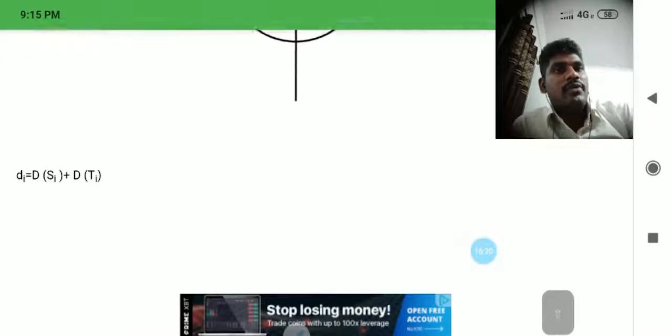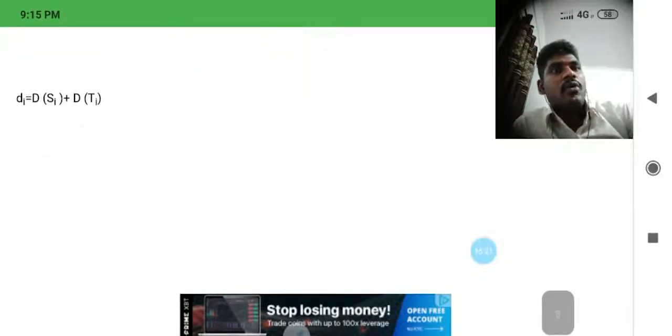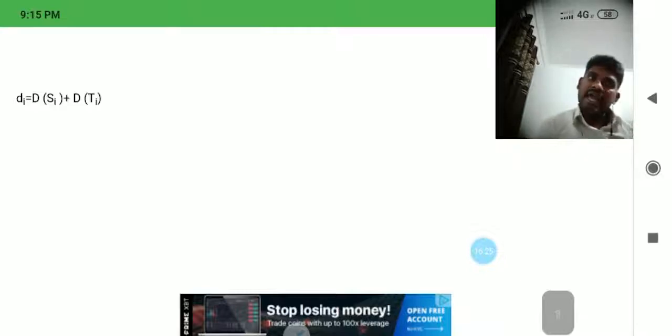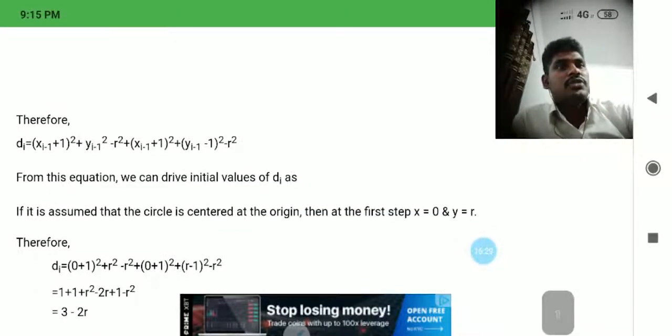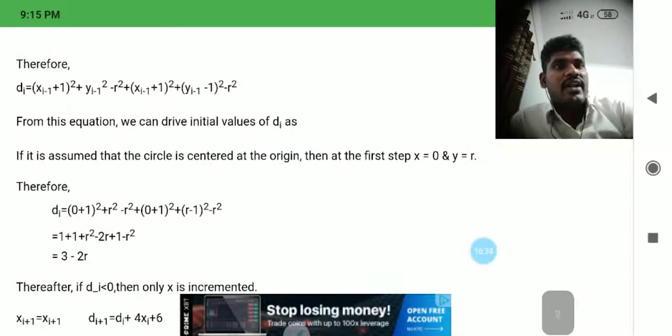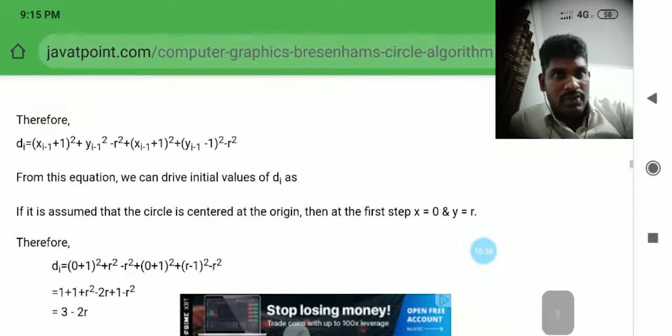If you want to find the decision parameter, we have to add d of s plus d of t, that means d of s plus d of n. Just add both equations. If we add both equations, the final simplification will come. d of s we have already seen: (xi plus 1) whole square plus (yi minus r) square.